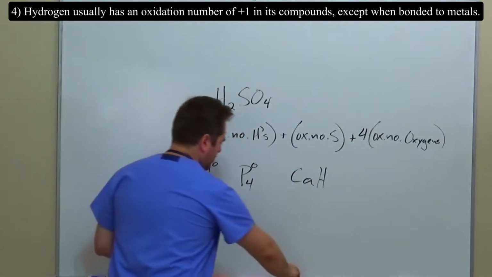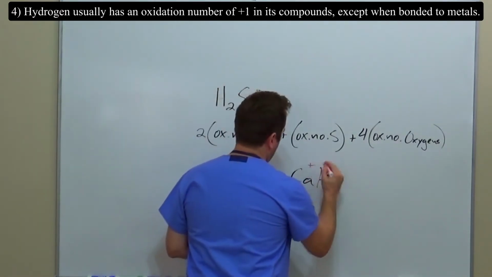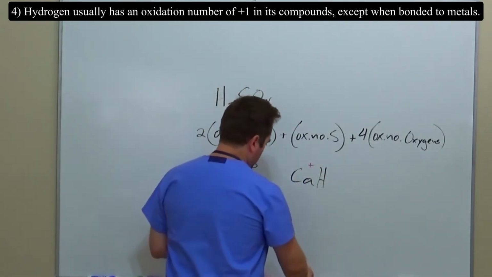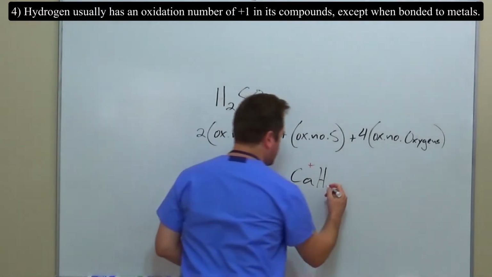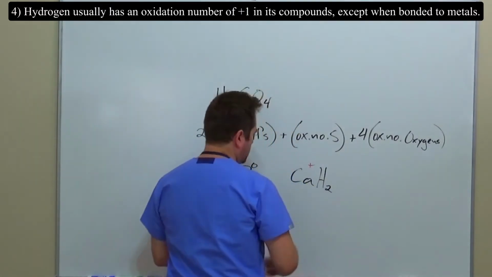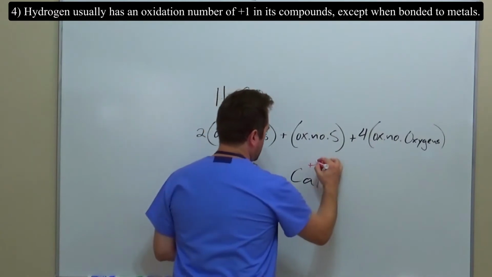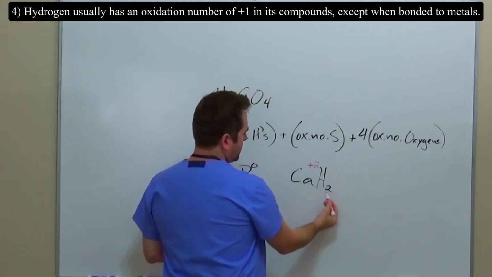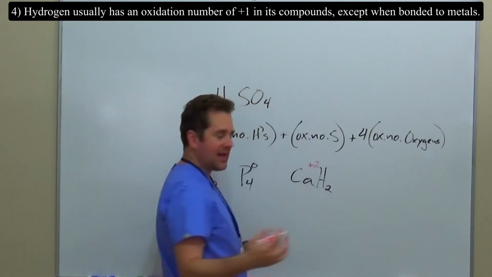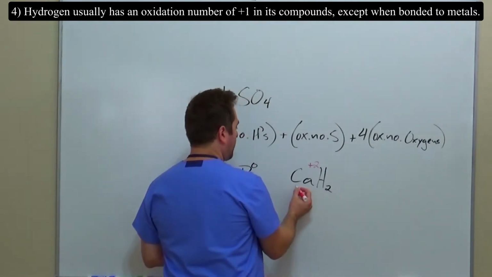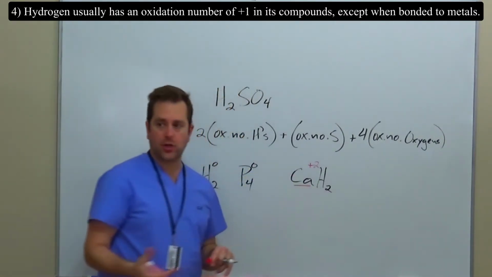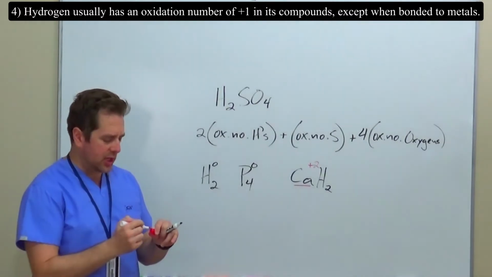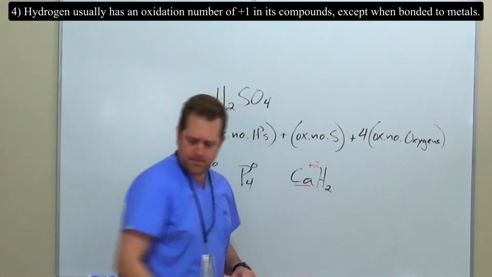It has a +2. So we know that it's going to require us to provide 2 hydrogens. Oops, I should have written +2. So each of these individual hydrogens is going to be -1 in this context. Again, whenever it's bonded to a metal, that's when hydrogen has a negative oxidation number. Okay?